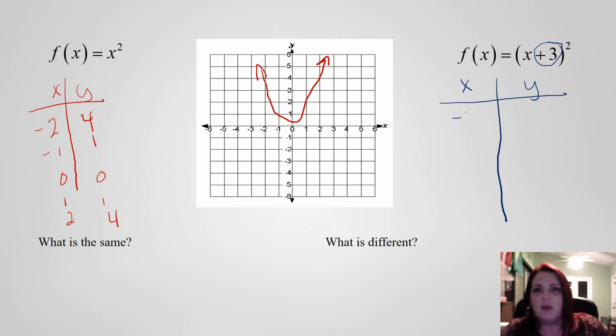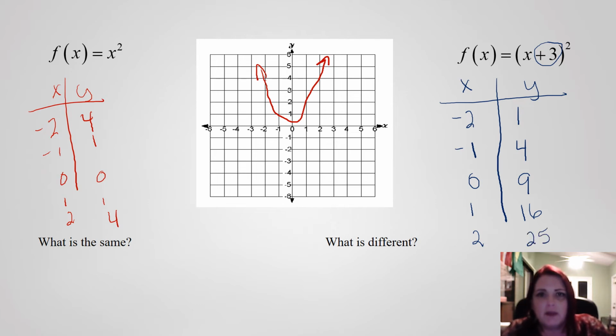If we want the same points: -2, -1, 0, 1, and 2. So -2 plus 3 is 1, and when we square that, it's 1. -1 plus 3 is 2, and when we square that, it's 4. 0 plus 3 is 3, and when we square that, that's 9. 1 plus 3 is 4, squared is 16. 2 plus 3 squared is going to be 25.